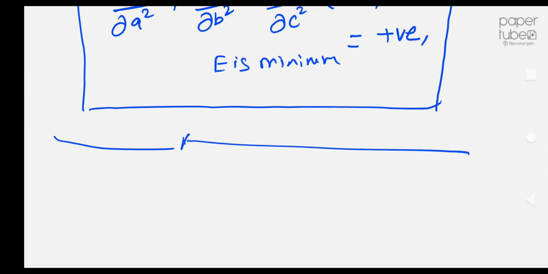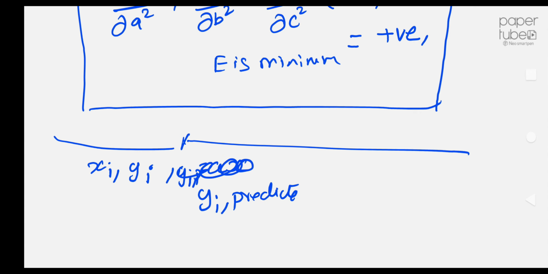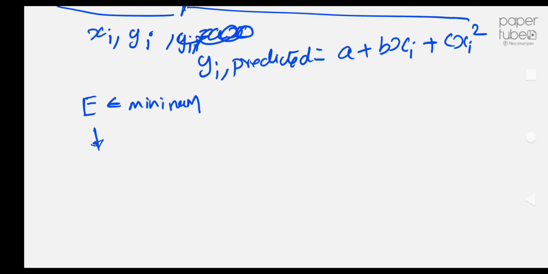So we are trying to fit data xi, yi using a polynomial function that looks like yi predicted equal to a plus b xi plus c xi squared. The method of least squares requires that error should be minimum, if not 0.